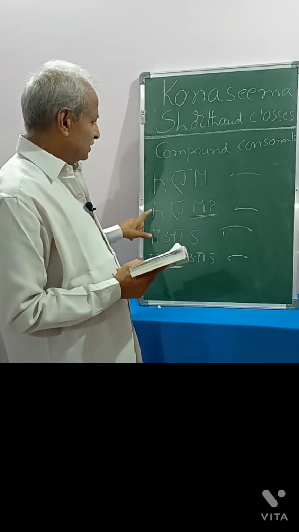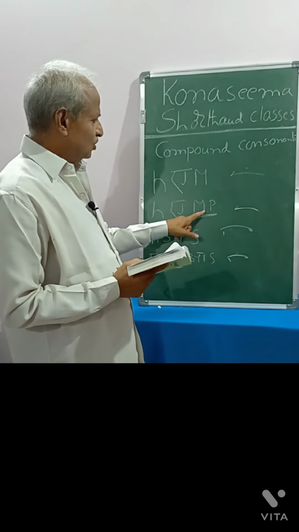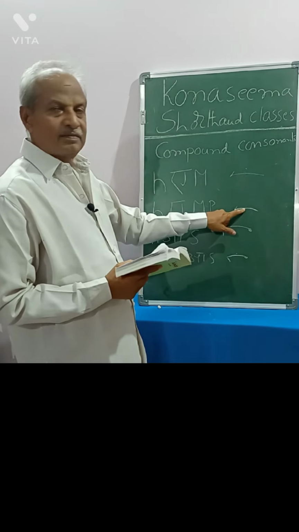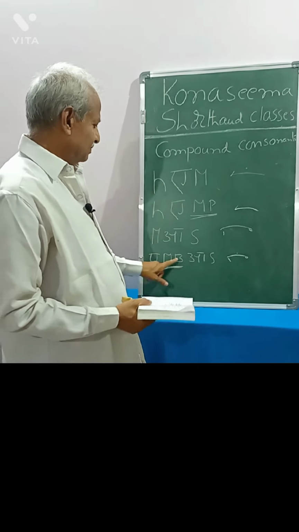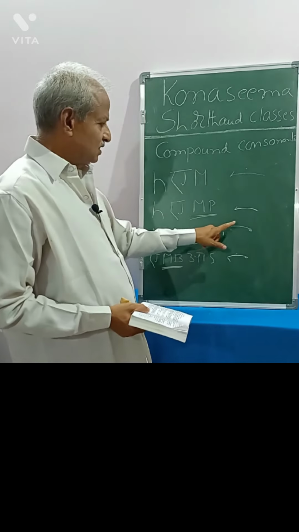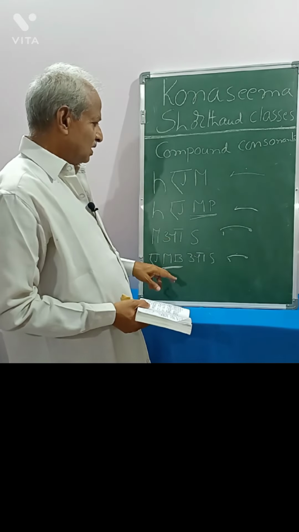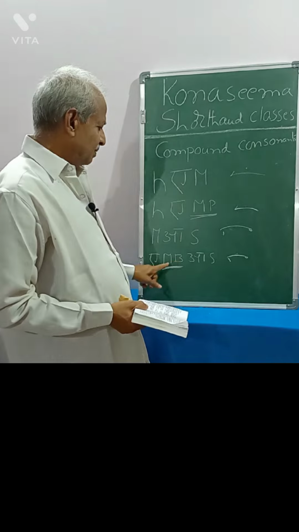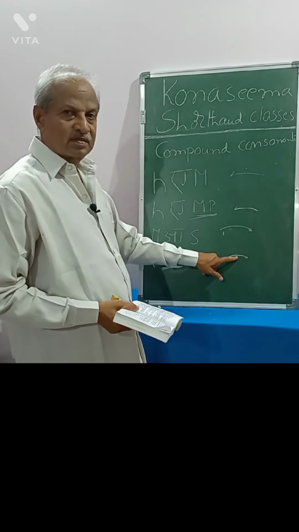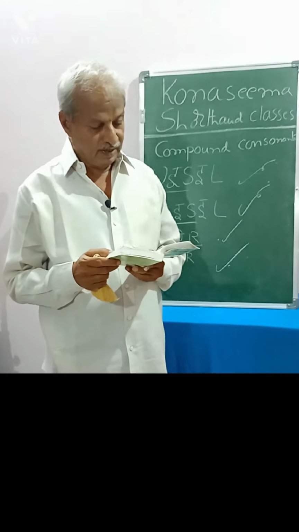If we thicken this M, it will come hemp, MP, hemp. Next, regarding B, this is mass. If we thicken this M, we can add this B, imb, emboss, right?